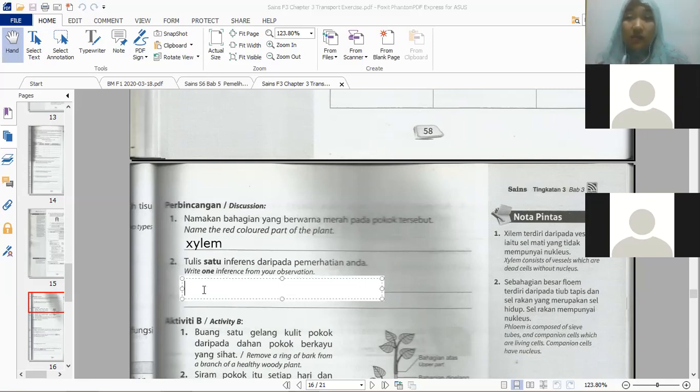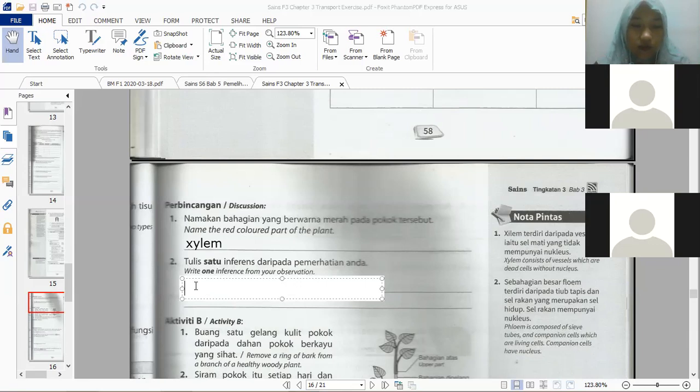Inference is the reason of your observation. Because the xylem transports water and mineral salt. So it transfers the water, which is the red color, to all parts of the plant.